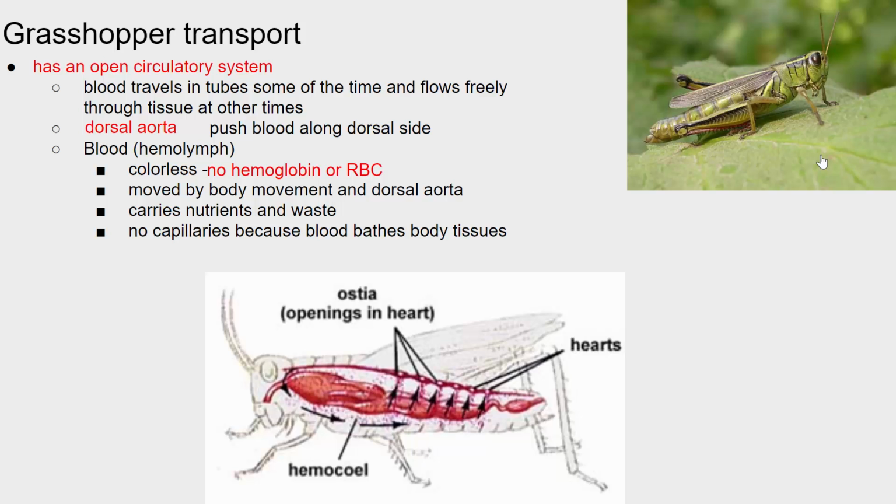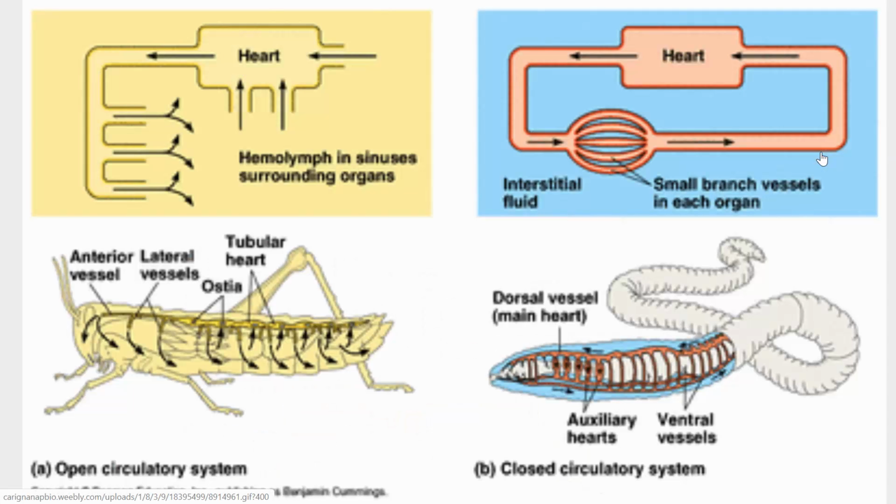To transport other nutrients, for example, as the grasshopper digests materials, that's transported through the blood. So it doesn't carry carbon dioxide or oxygen, but it does carry nutrients. So here you see those two opposing systems: closed circulatory system versus an open circulatory system.